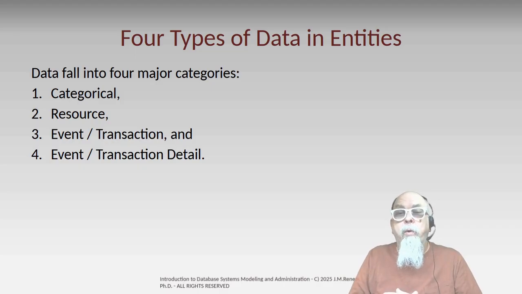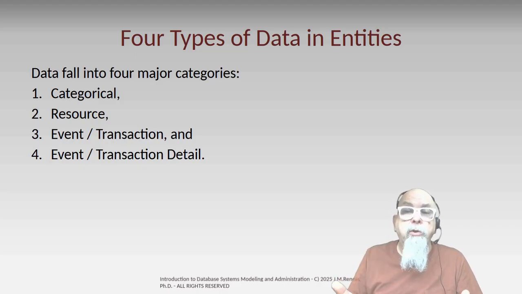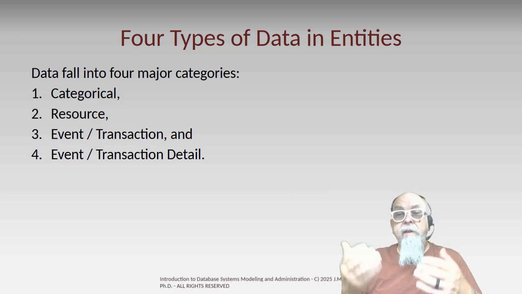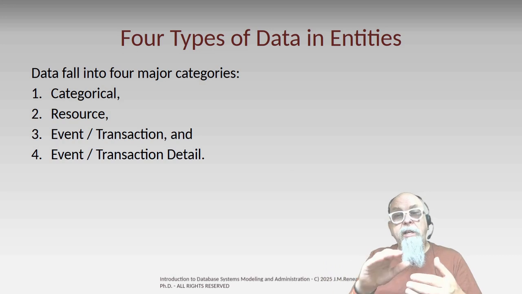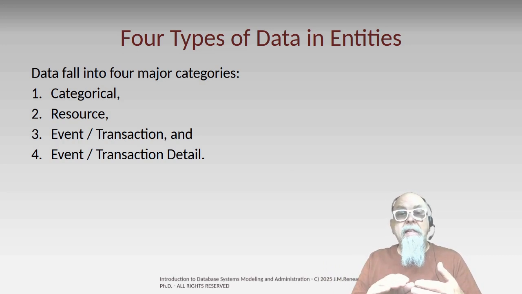Stop and think of an order that you did at the grocery store recently. The event was your order, and then each of the things you bought on the order are the detail of that event transaction.